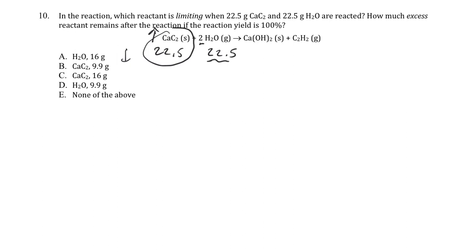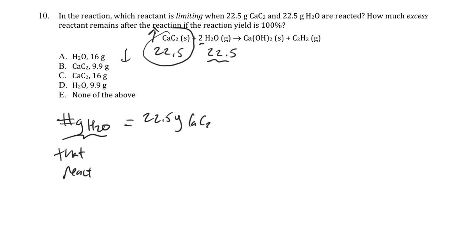If I pick correctly, I save myself a dimensional analysis step. So I'm going to work out the number of grams of water that react in the reaction with 22.5 grams of calcium carbide. And I'm going to use dimensional analysis.